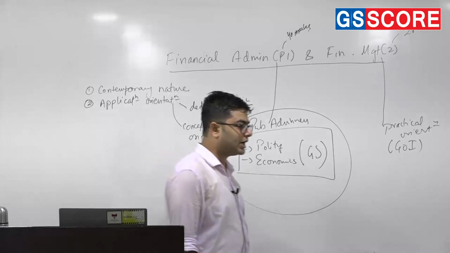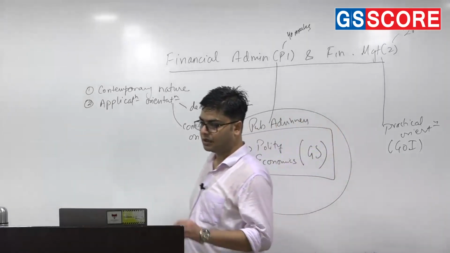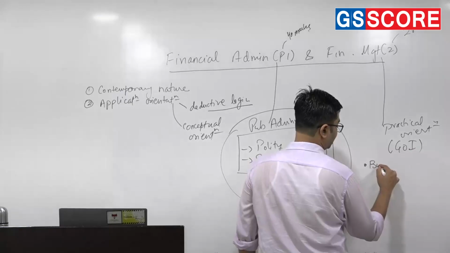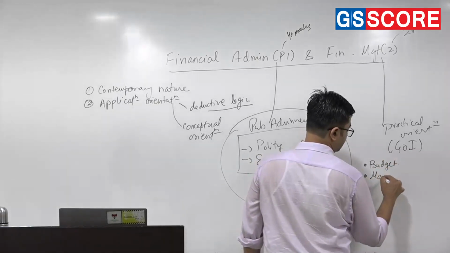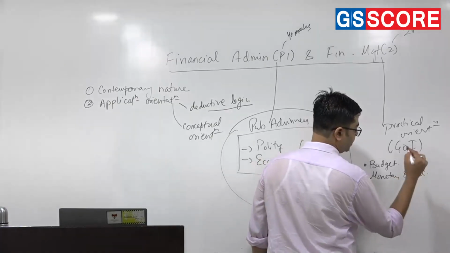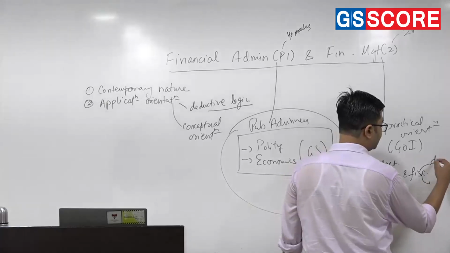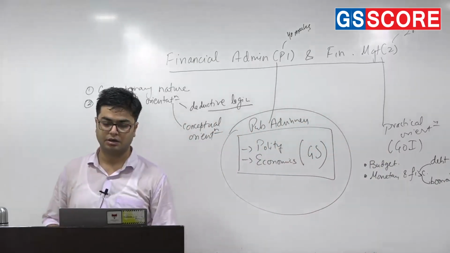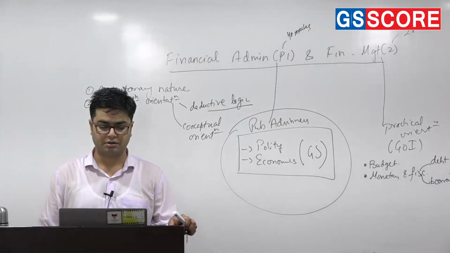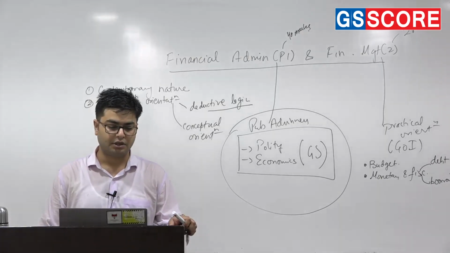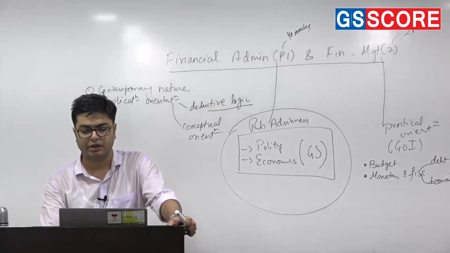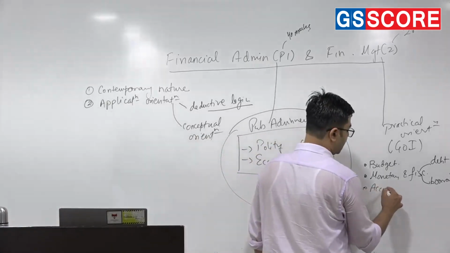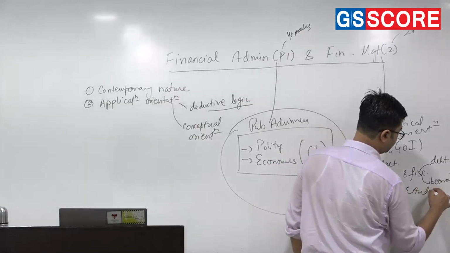Now, if you look at the questions, they are largely based on, and I'll read them out for you, the classical aspects: budget, monetary and fiscal policy and their qualitative aspects, for example debt, borrowing, and aspects related to accounts and audit.